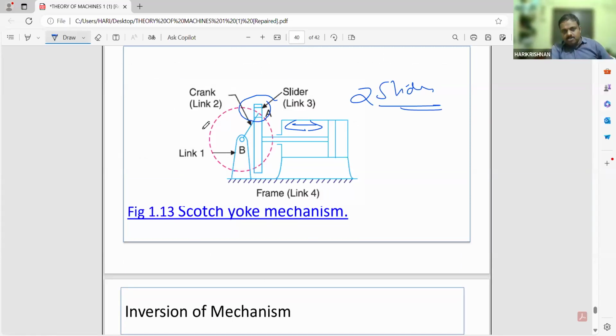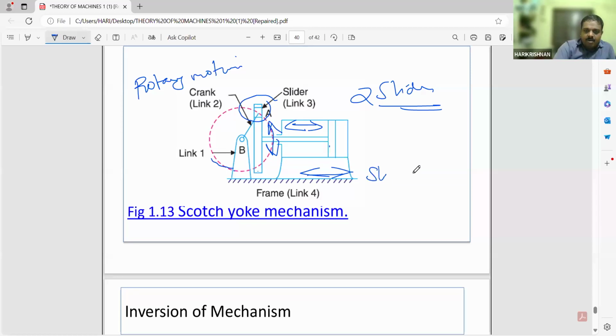When this crank BA starts rotating, the slider inside the sliding bar will slide and reciprocate, which will take this piston cylinder mechanism in the reciprocating direction. Whatever rotary motion is applied over here will be converted into sliding or reciprocating motion. Is the concept clear?